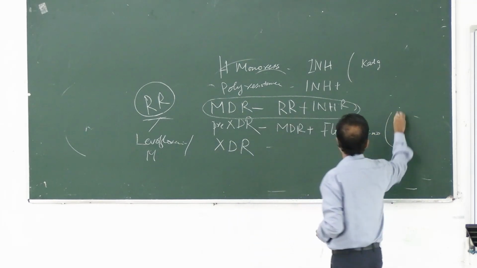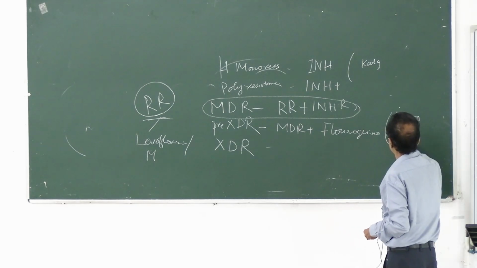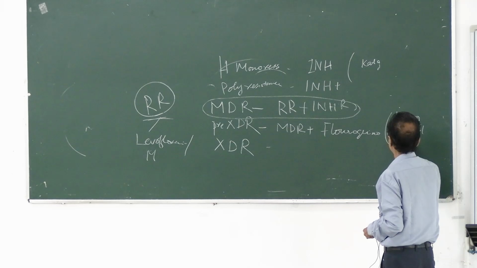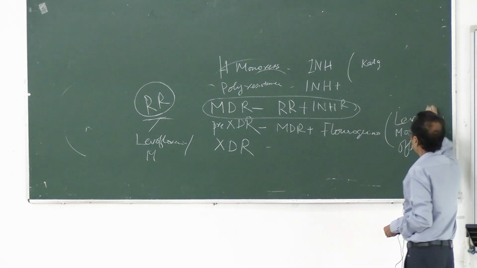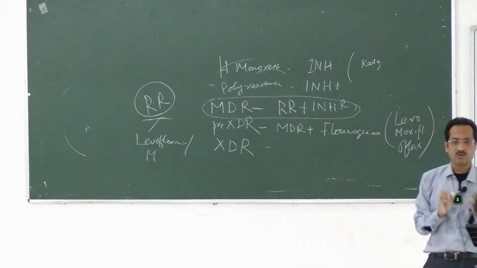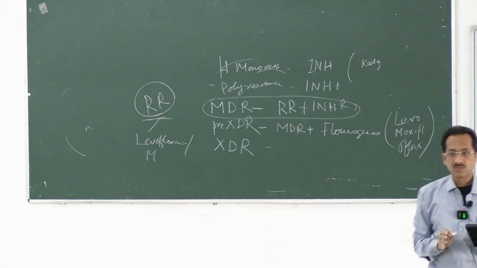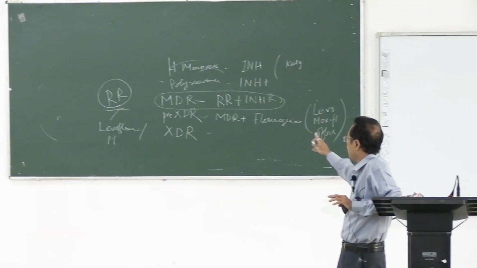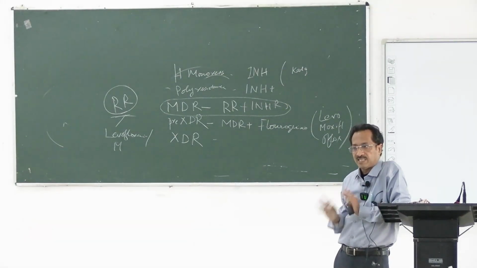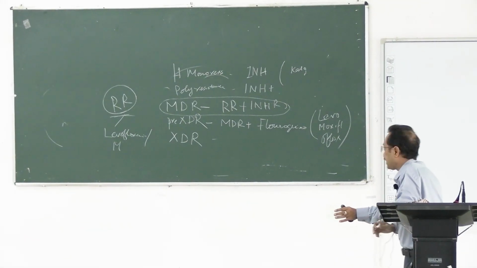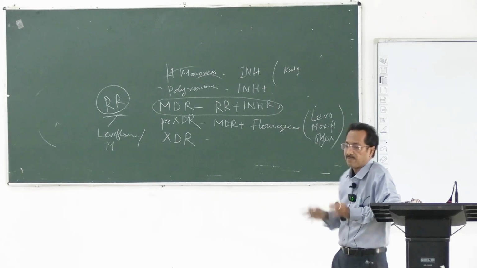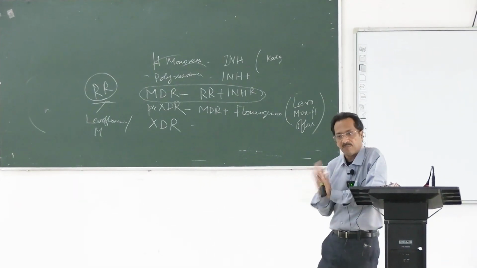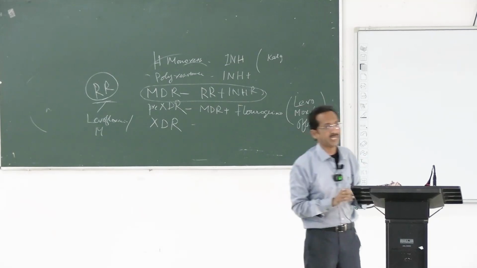That means it may be resistance to levofloxacin, moxifloxacin or ofloxacin. Resistance to any one fluoroquinolone along with MDR is called pre-XDR.